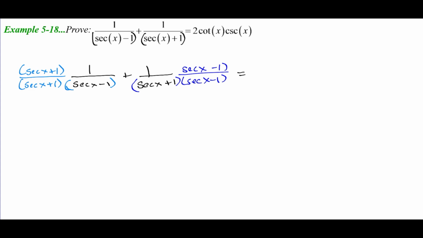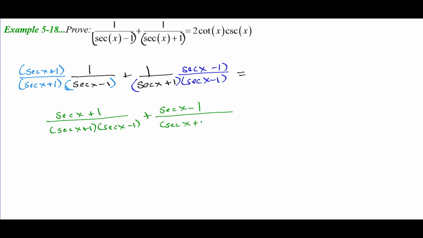Okay, so now I'm going to just try to simplify these. So this is going to give me secant x plus 1 times 1 just gives me that over secant x plus 1 times secant x minus 1 plus, and then over here I've got just secant x minus 1 over, again, my common denominator, which is secant x plus 1 times secant x minus 1.